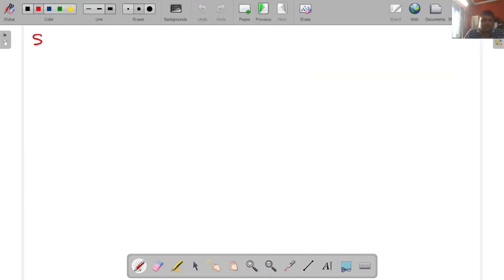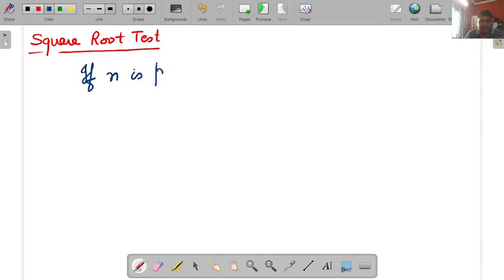So move on to the square root test. In the square root test, if n is prime, then square root 1 mod n should be equal to plus minus 1.